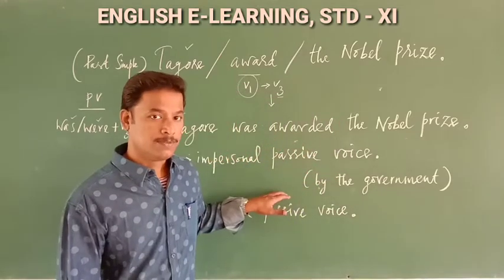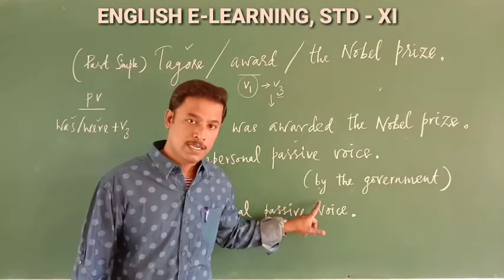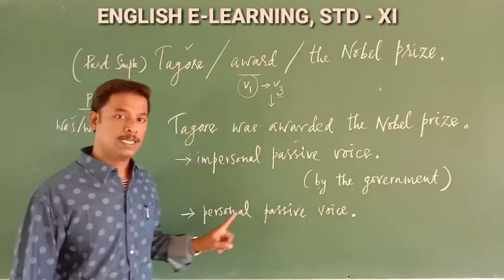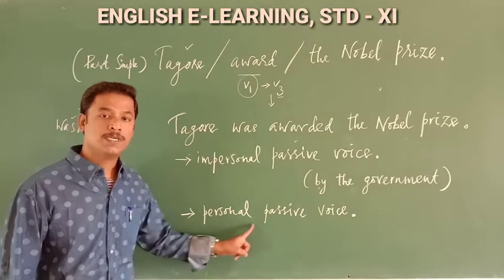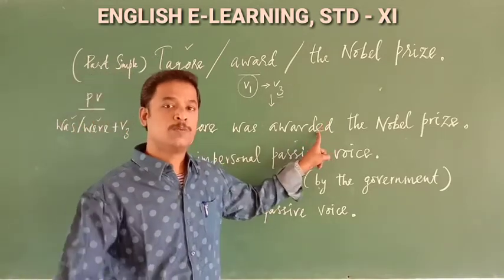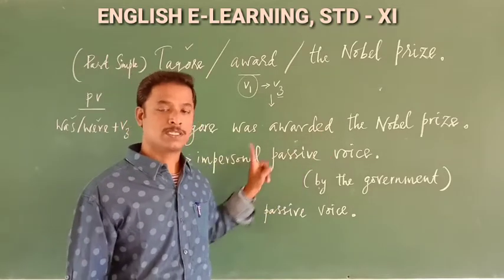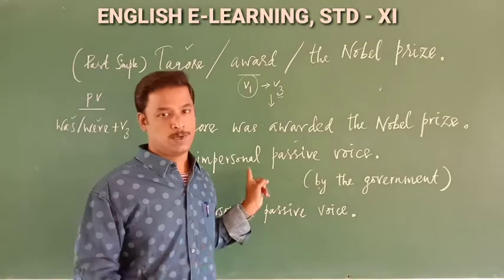So now we have known that if the agent is clear in a passive voice, that passive voice is called personal passive voice. If the agent is missing or omitted for various reasons, that kind of passive voice is called impersonal passive voice.